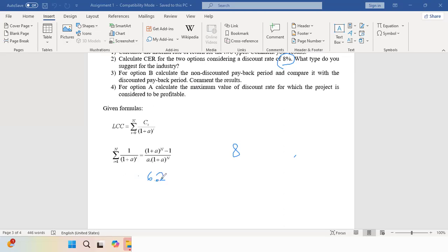You say, since 8% is larger than 6.2% and 6.4%, which are the internal rates of return for options A and B, I can directly deduce that the discounted payback period will be larger than the lifetime.